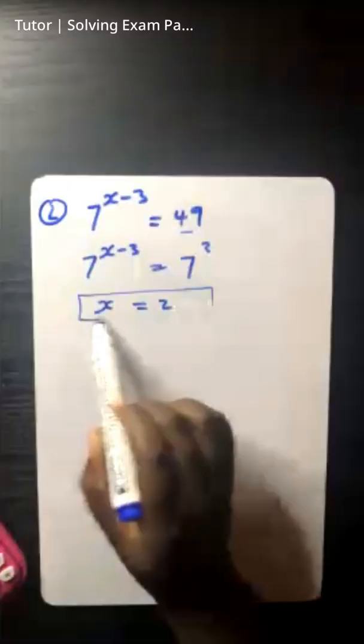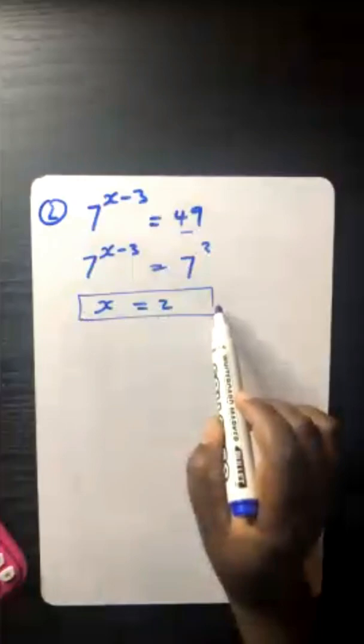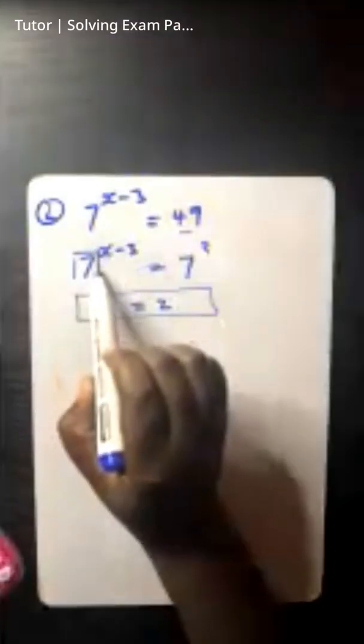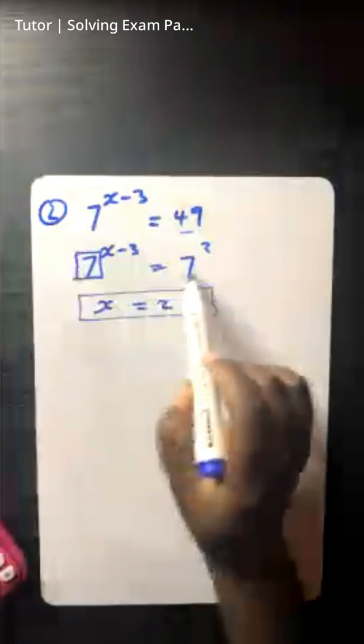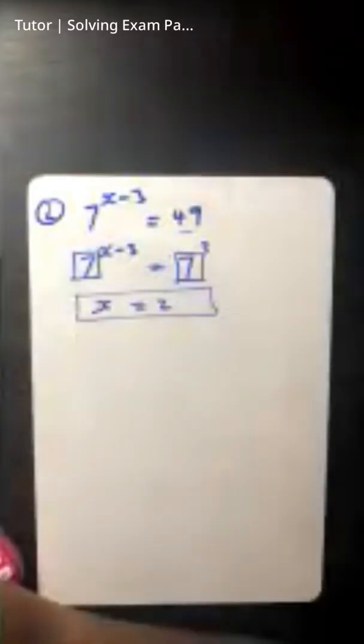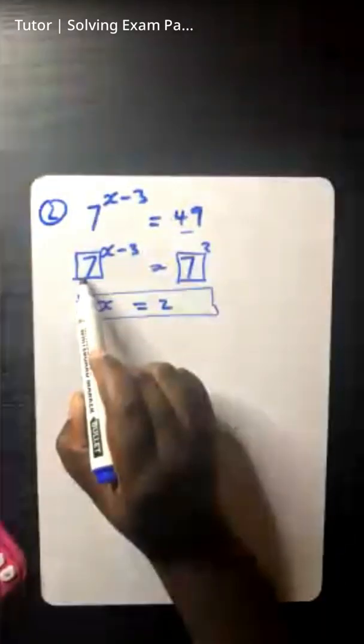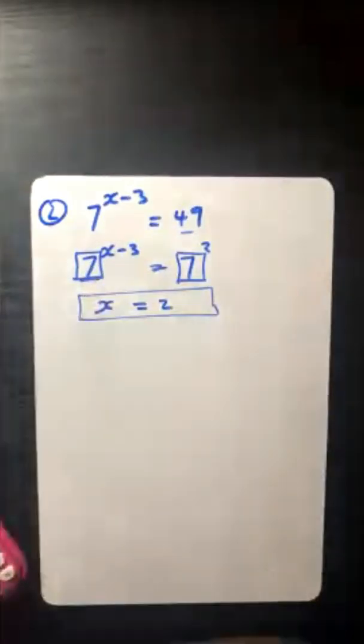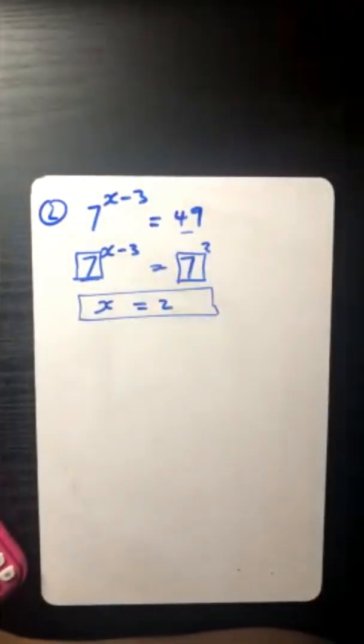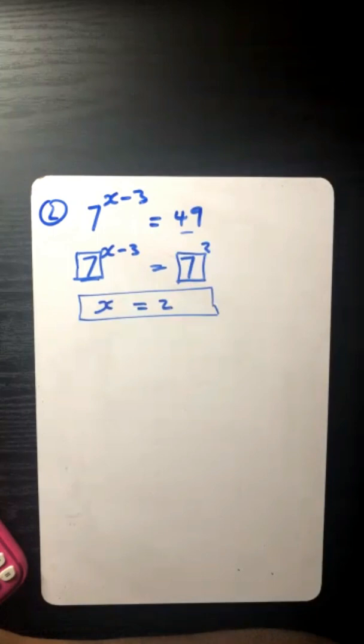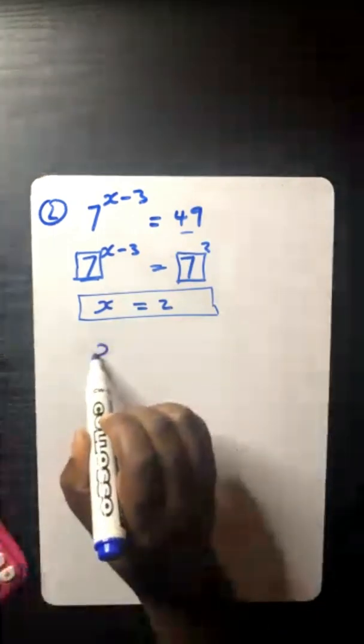Yes, but remember, Shreyas, let me maybe highlight that step over there. Remember, since the bases are the same, you equate the exponents. So what is the exponent of 7 on this side of the equal sign?